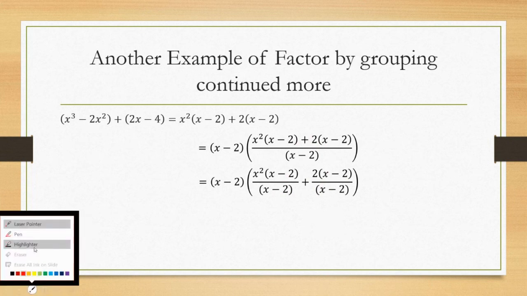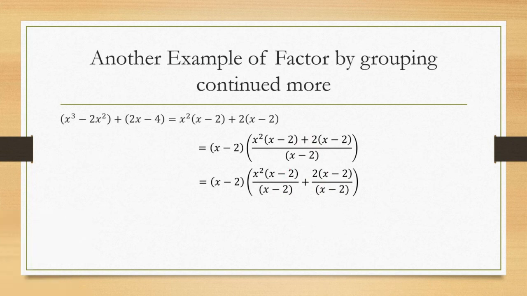Let me draw a bit. Hopefully you can see that when you divide like this, these are going to cancel. And so when we do that, we're left with this.